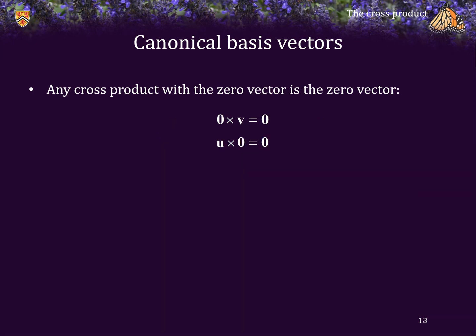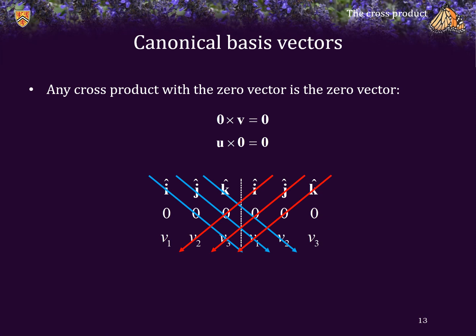Another result is that the cross product with the 0 vector is the 0 vector. And this can be seen again from our aide-mémoire, because every single product has at least 1 0 in it, and therefore every single product is equal to 0.